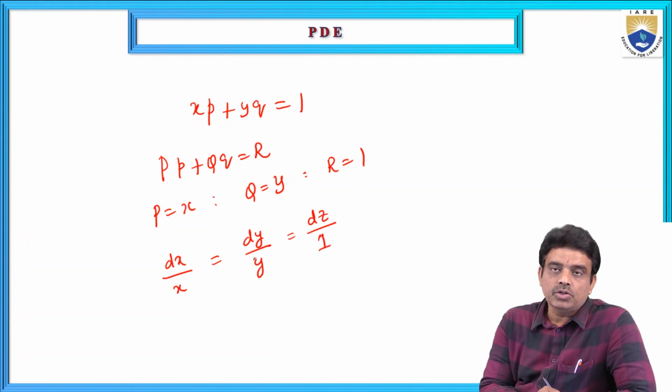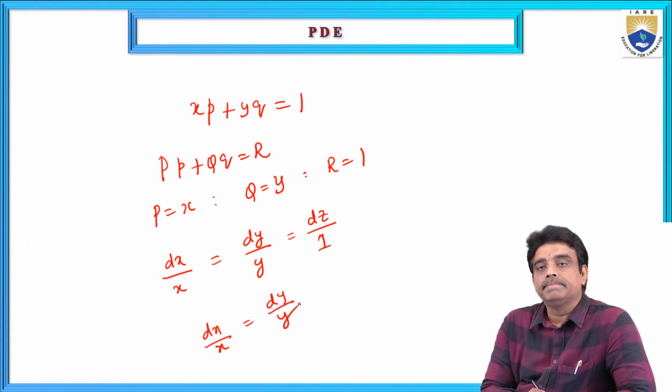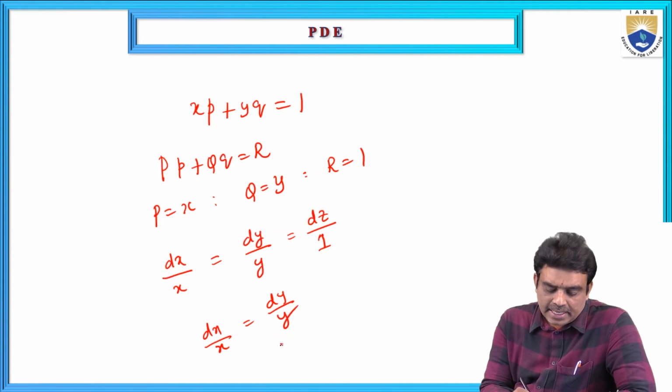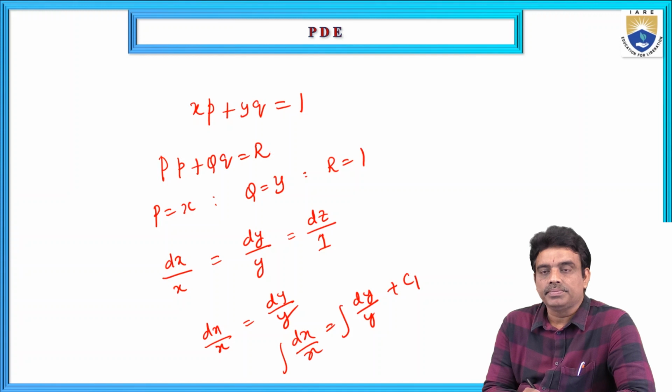Now I am taking the first two relations, dx by x is equal to dy by y. Taking integration, we get integral dx by x is equal to integral dy by y plus the constant C1.